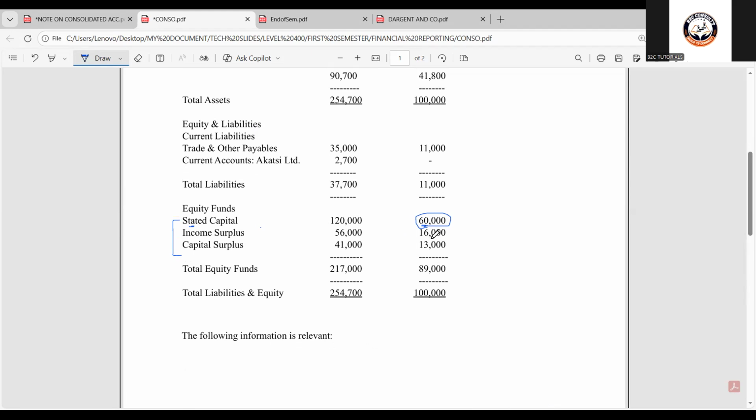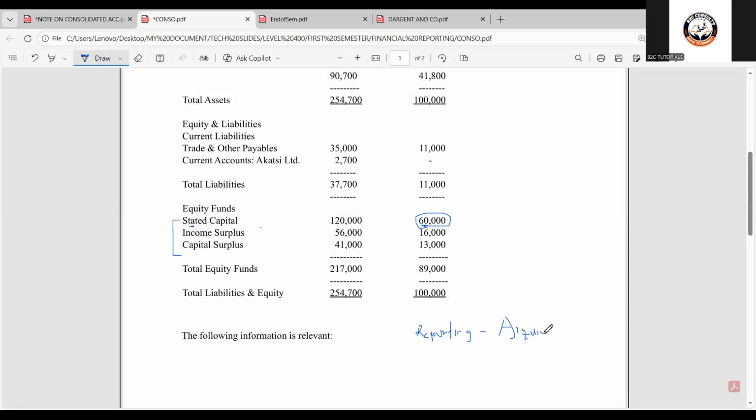So the difference between the acquisition and the year end will give you your post acquisition. It's always the reporting period or the balance sheet period minus the acquisition. That will help you determine the post.